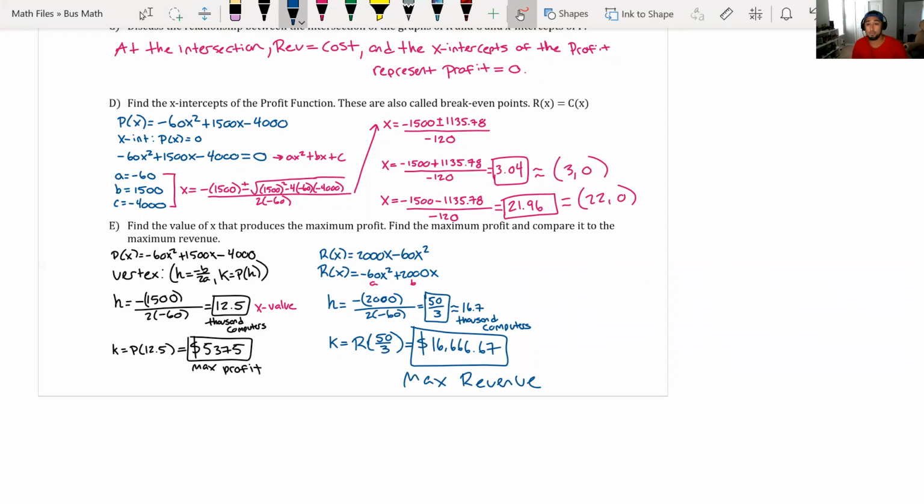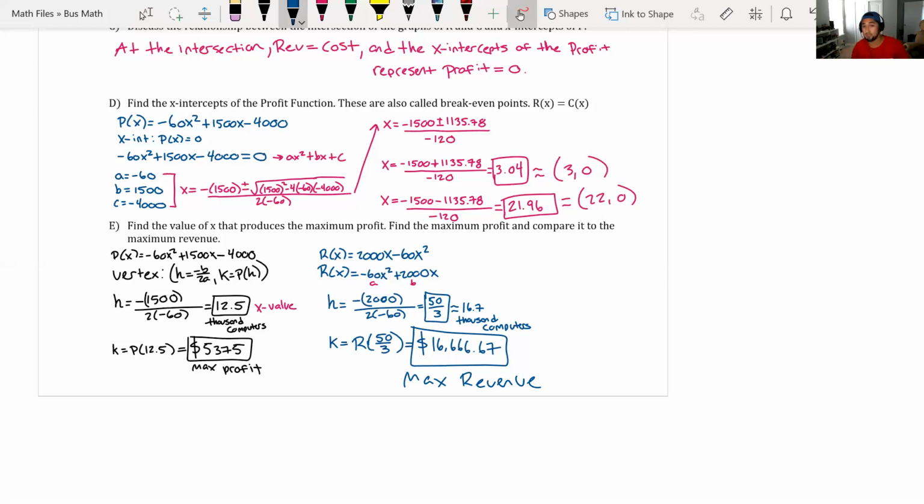Okay. Well, the difference is a lot, but remember that profit is the money we take home. Revenue is the money we make, but we also have to subtract the cost. So if you do revenue minus cost, whatever the cost is, we'll get 5375 as our profit.